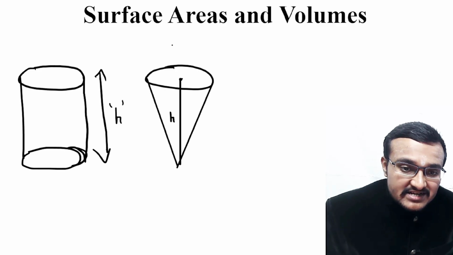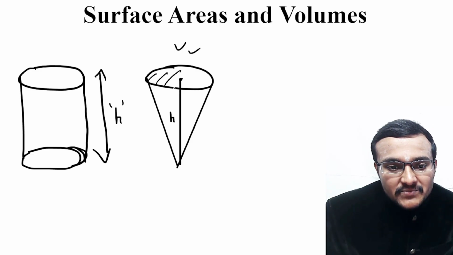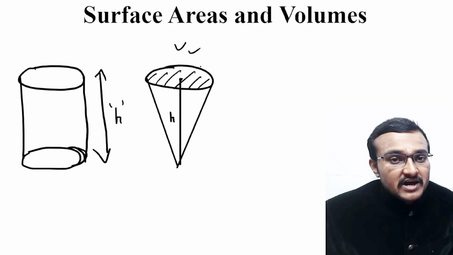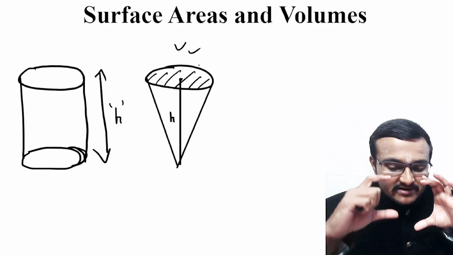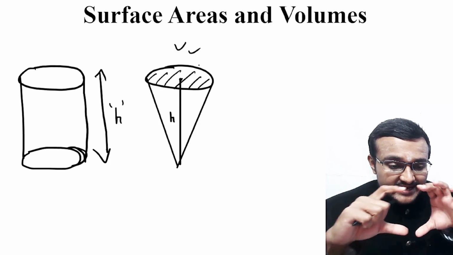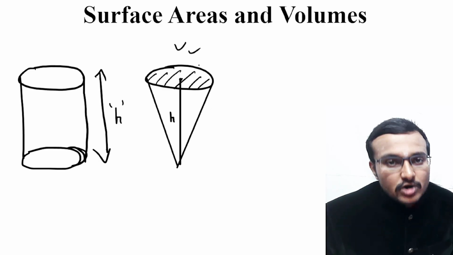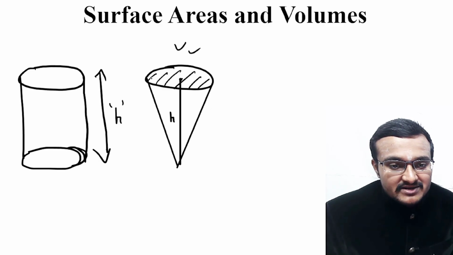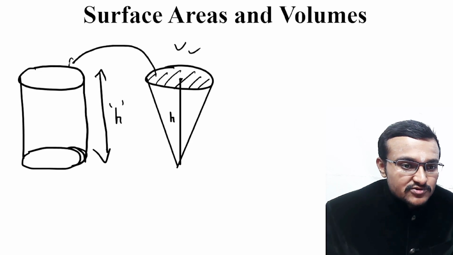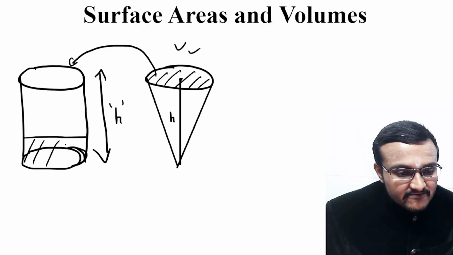In order to find out the volume of this cone, you can fill this cone completely with water. You take one right circular cylinder and one right circular cone which have the same height, and fill the cone with water. This is an experimental setup, and you should pour this water into the cylinder. So 1/3 of the cylinder will be filled.